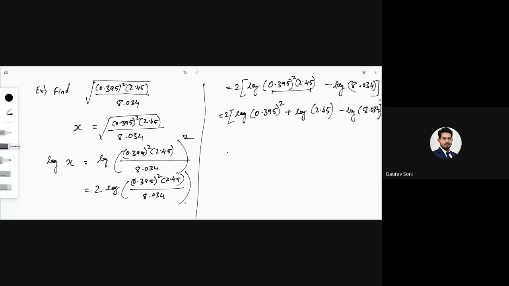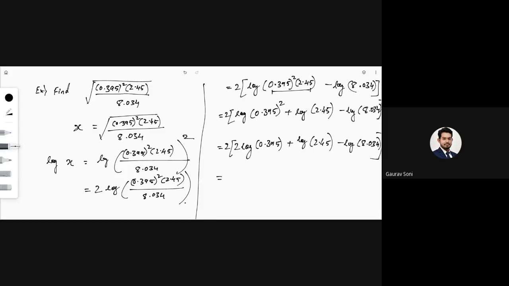Okay. So again log a raised to b is there. So this will be 2 times log of 0.395 plus log of 2.45 minus log of 8.034. Clear up to this?